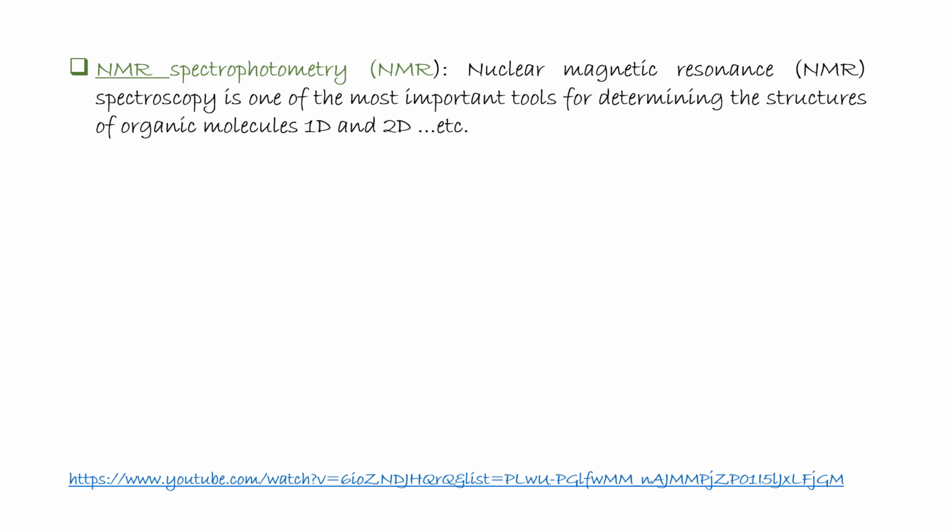NMR spectroscopy, nuclear magnetic resonance spectroscopy, is one of the most important tools for determining the structure of organic molecules using 1 dimension, 2 dimension, 3 dimension NMR. Here is a YouTube playlist for NMR you can watch.